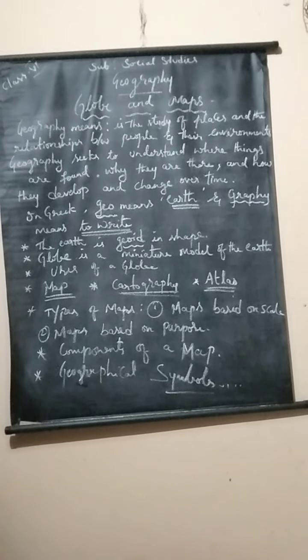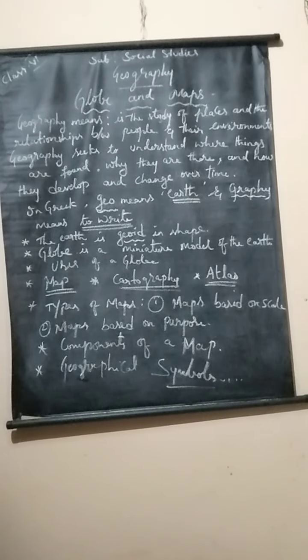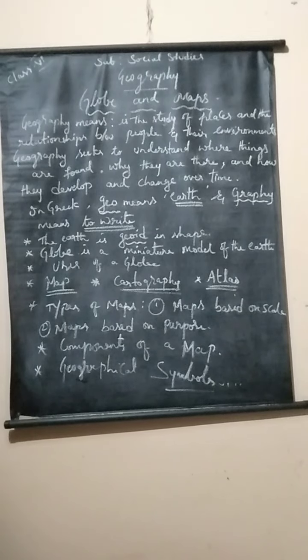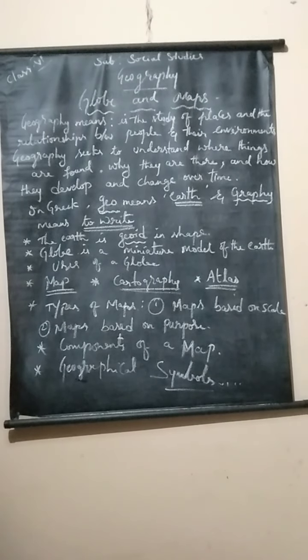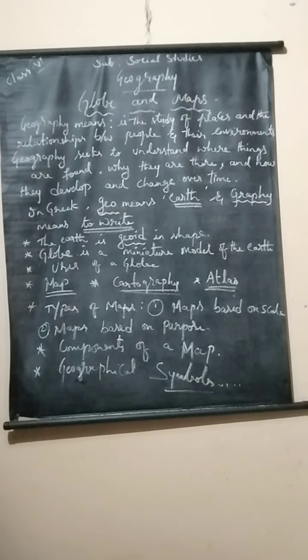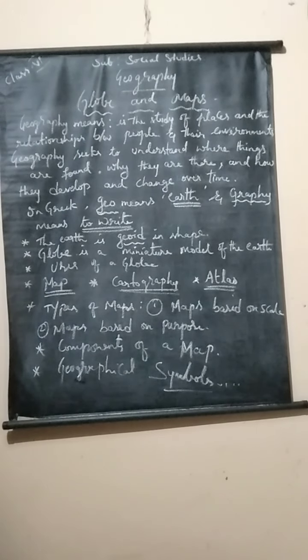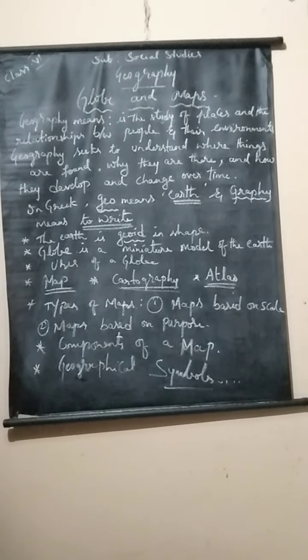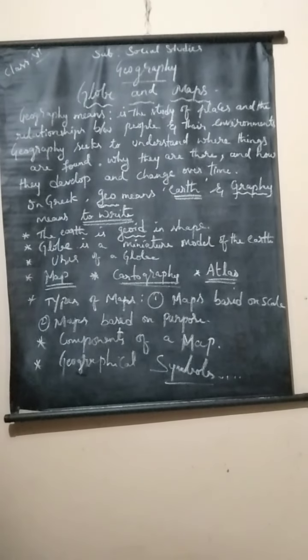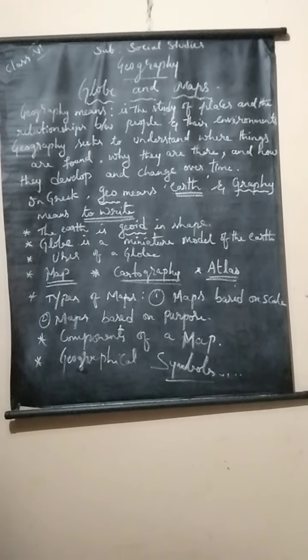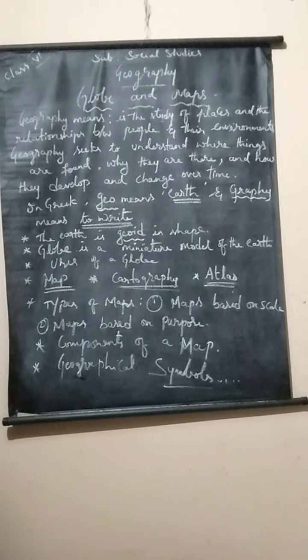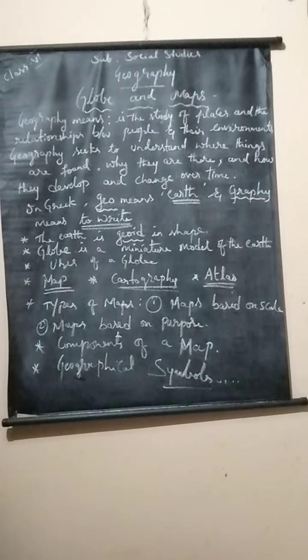Next we will go to the geographical symbols. A symbol is a sign that stands for an object. The symbols used in a map are the same all over the world, and the symbols give a lot of information.